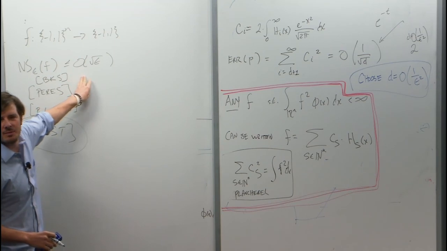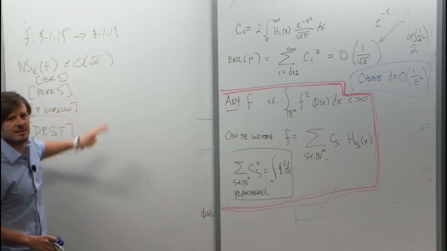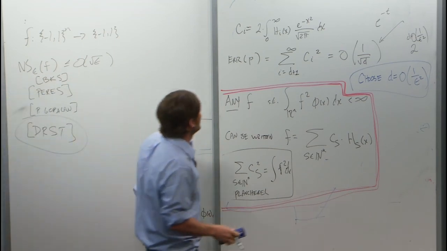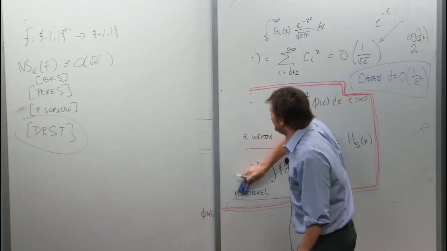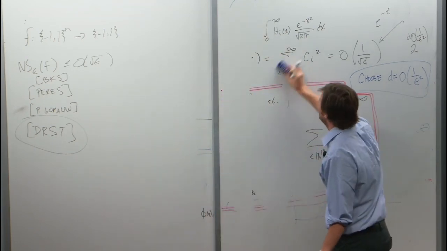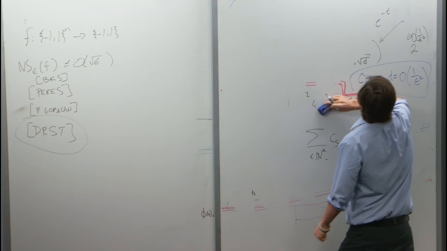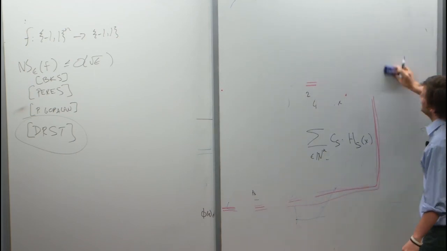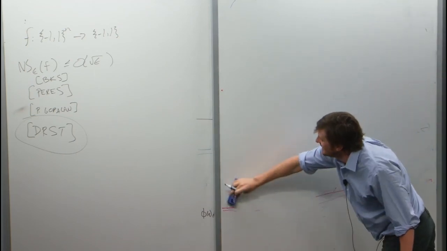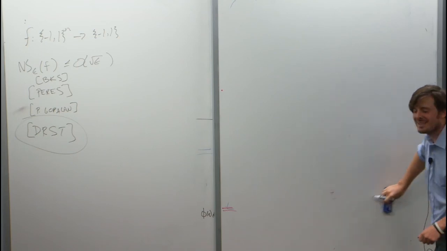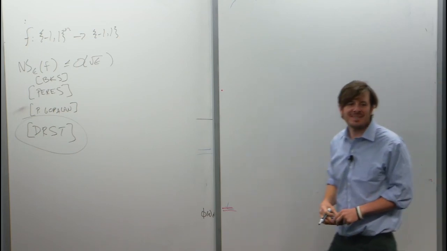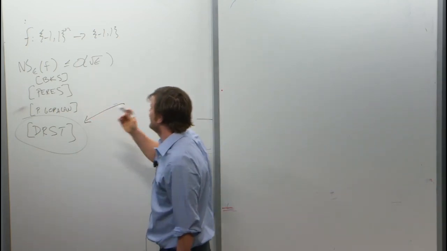Have people seen this proof before? No? Okay. So let me show you the proof. It's very slick. Which of the different proofs am I showing? The easiest one. I'm going to show you this one.